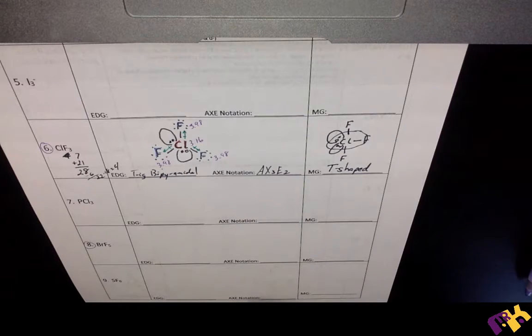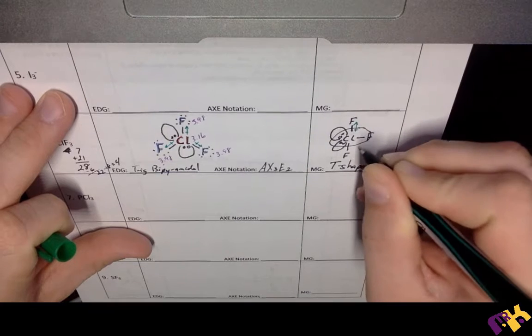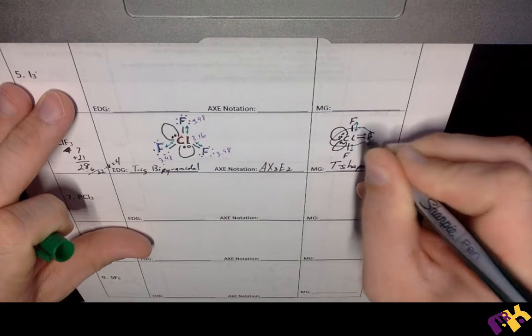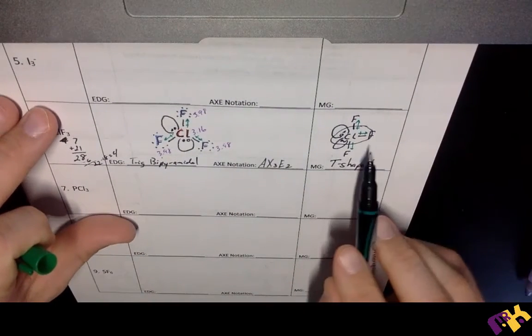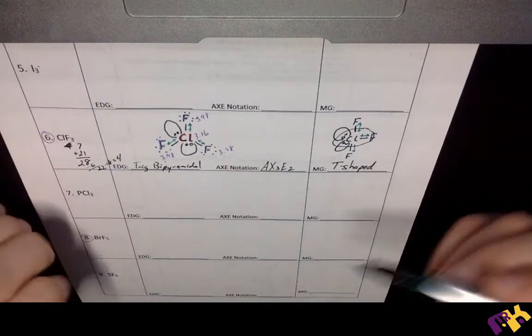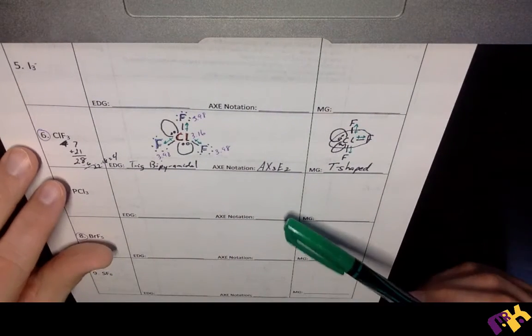Let's draw in our dipoles onto the 3-dimensional structure. We're going to have a pole to the north and to the south, fluorine, but we'll also have this pole out towards the right-placed fluorine. So we do not cancel these dipole arrows, and therefore the molecule would be polar.